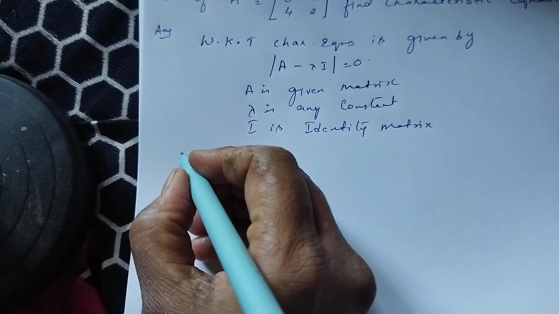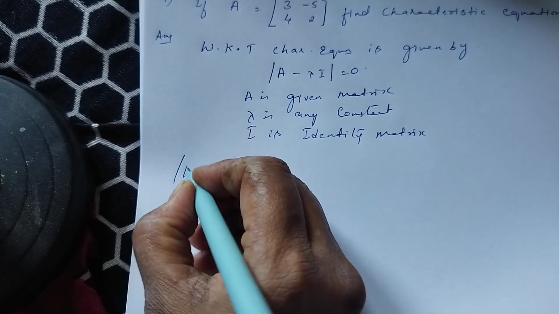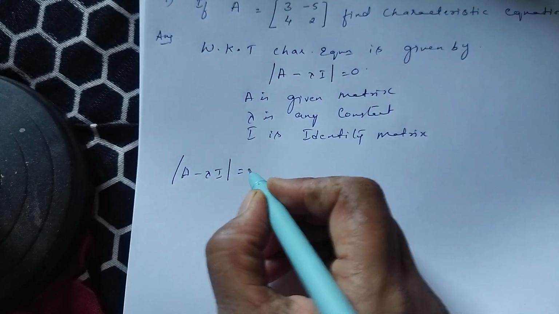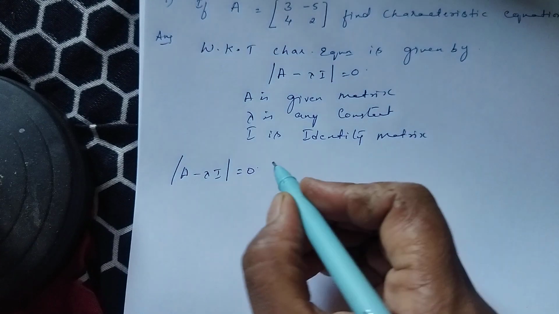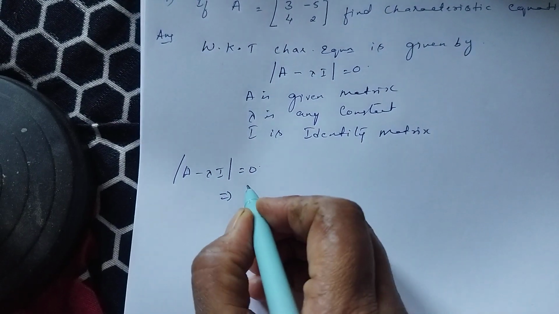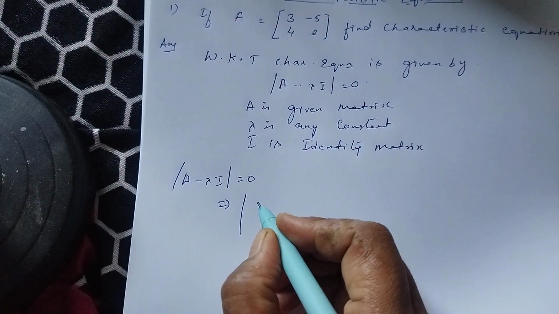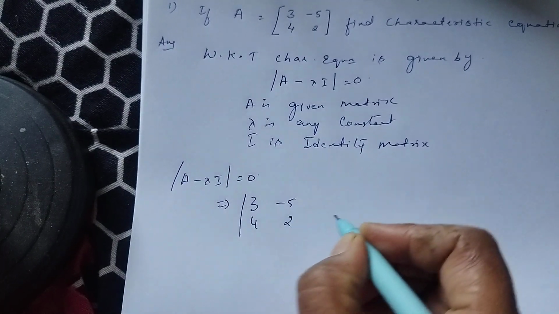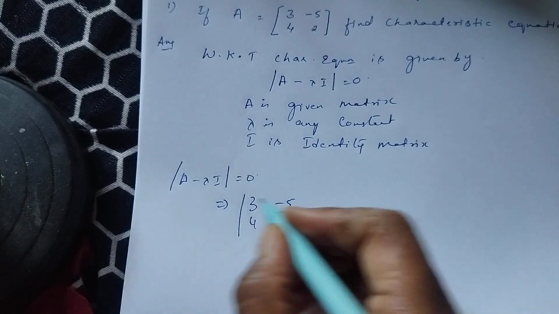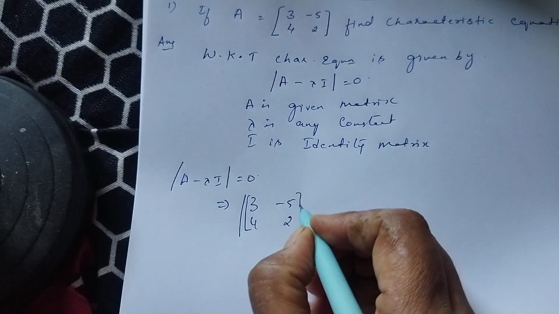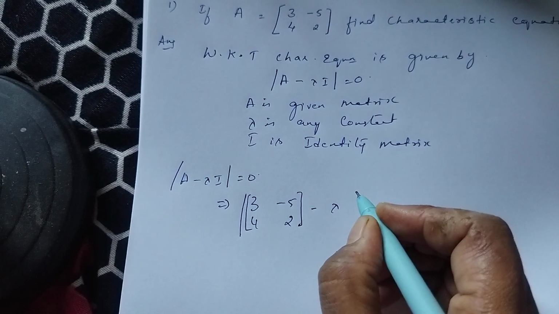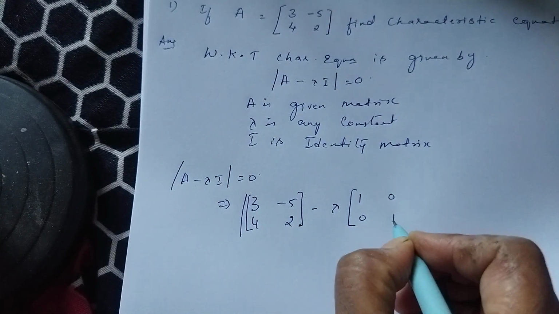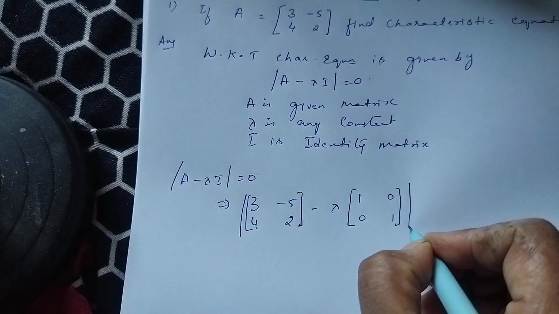Okay, now we'll solve. A minus lambda I is equal to 0. That means, A is the given matrix [3, -5; 4, 2], minus lambda times the identity matrix, which is of the same order, [1, 0; 0, 1], is equal to 0.